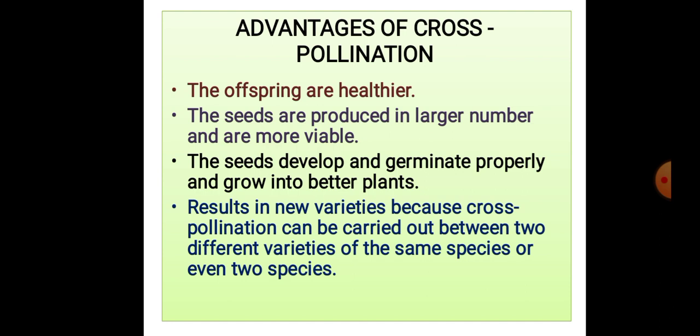They grow vigorously under different agronomical conditions. Due to mixing of characters, new plants exhibit variation and produce new varieties. These are all advantages of cross pollination.